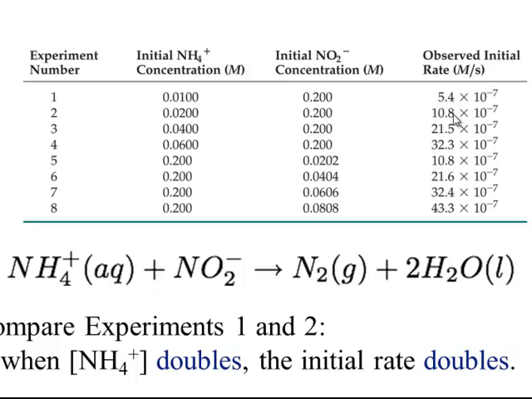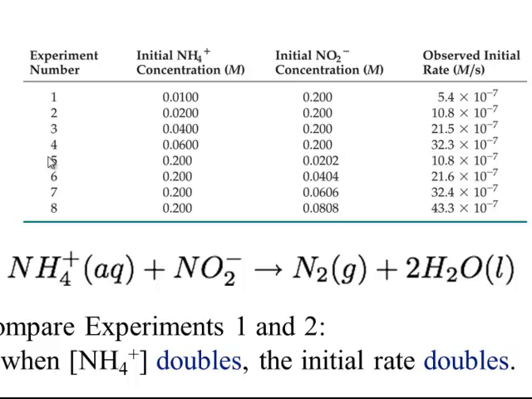If you look at the rate of the reaction, you will realize that the rate has doubled from 5.4 into 10 to the power minus 7 to 10.8 into 10 to the power minus 7. This clearly indicates that when we double the concentration of ammonium ions, the rate of the reaction also doubled. This indicates that the order of the reaction with respect to ammonium ions is 1.